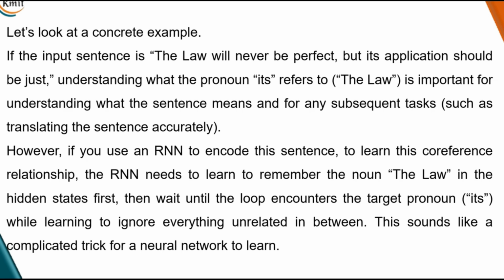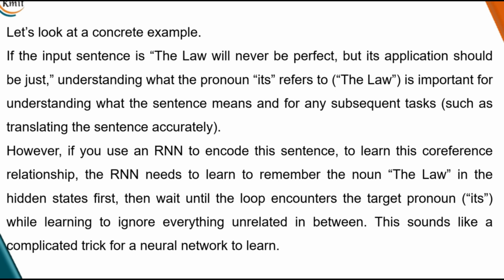For example, let us consider the sequence: The law will never be perfect, but its application should be just. When I look at this sentence, the word "its" refers to law. As humans, we know that the first part of the sentence is the law will never be perfect, and in the second part the pronoun "its" is referring to law.